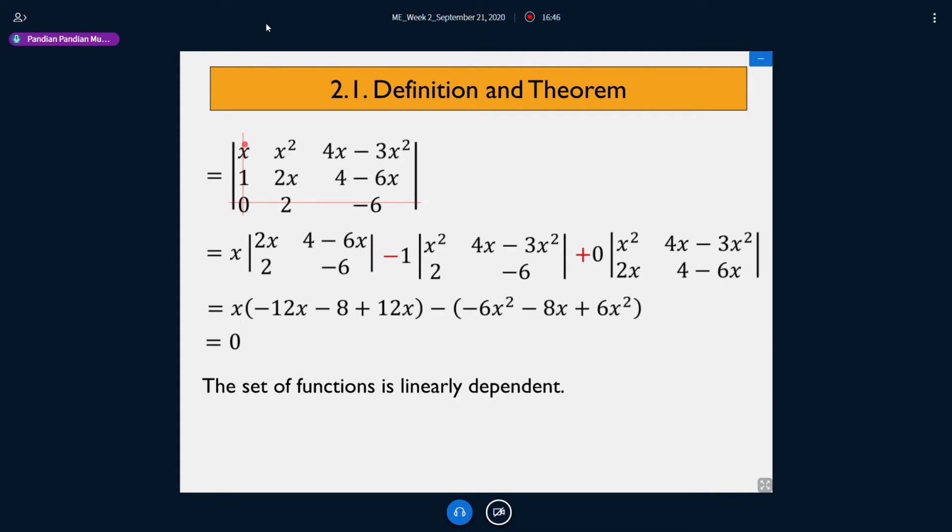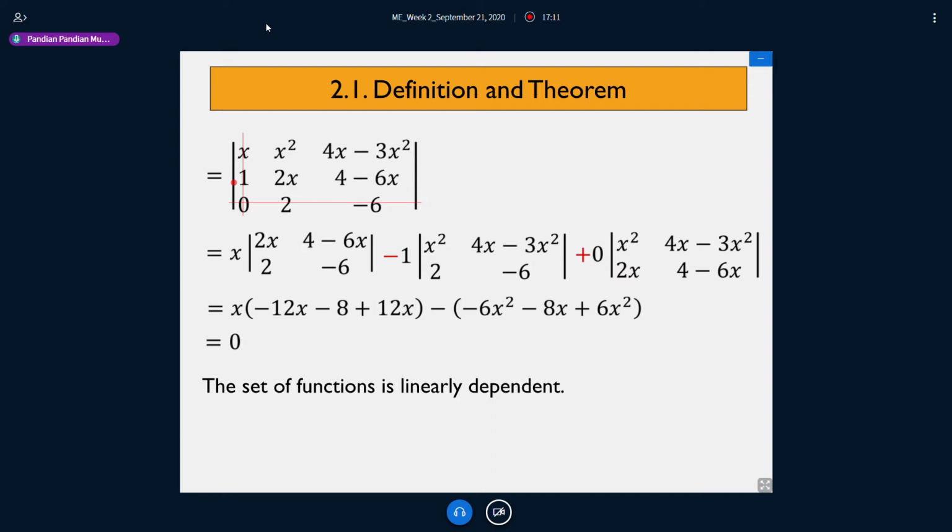So they select the first column. So x, first column, cancel first row. Then you have 2x, 4, minus 6x, 2, minus 6. This is a 2 by 2 matrix. And the sign in front of x is positive, and here is minus 1.